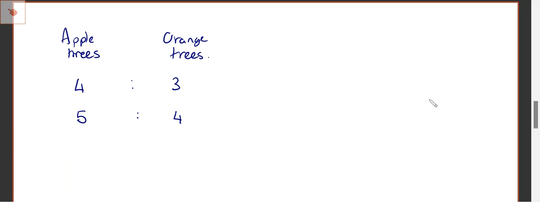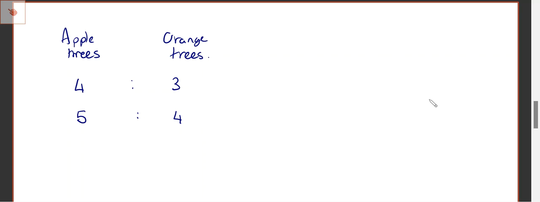Okay. Is there anything we've just talked about recently that we could use to justify it? Okay. And 3 and 4. Do they need to be? 3 and 4 are just how many apple and orange trees I've got. Those two numbers, I can write any two numbers I like there, the 4 and the 3 can be anything.